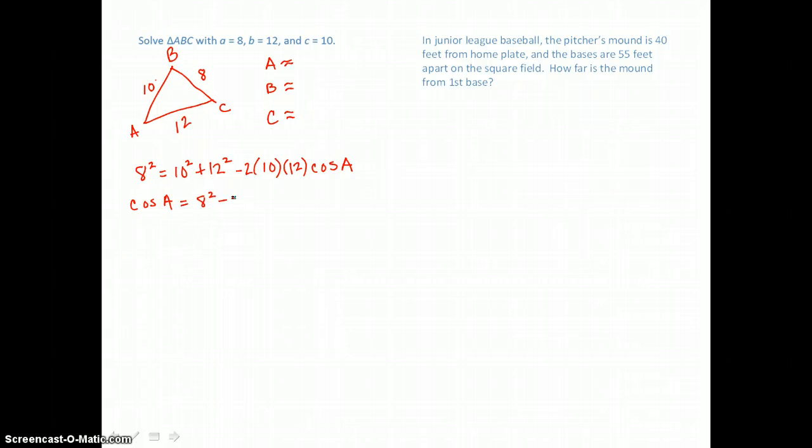So we'd subtract 10 squared from both sides and 12 squared from both sides, and we'd divide both sides by that negative 2 times 10 times 12. Okay, and to solve for just A, we need an inverse function, inverse cosine of this ratio.